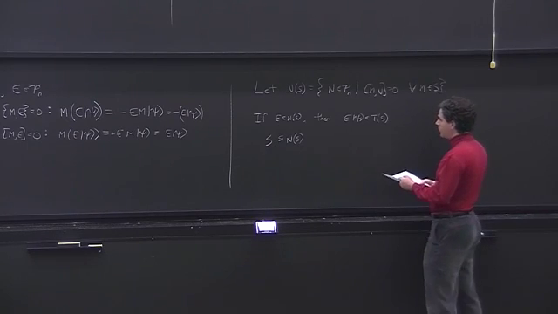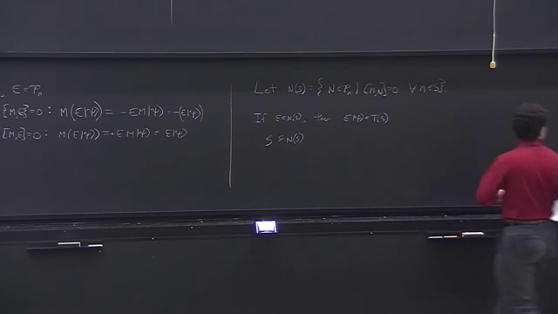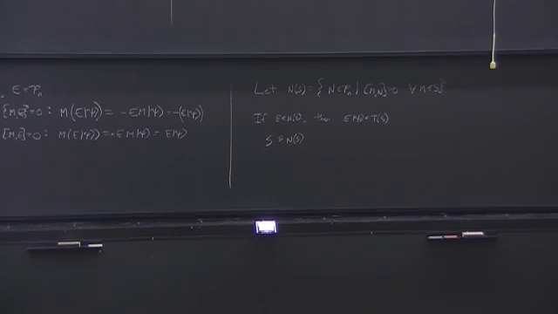And in fact, N(S) minus S is the set of undetectable errors for the code. Okay, so why is it N(S) minus S?